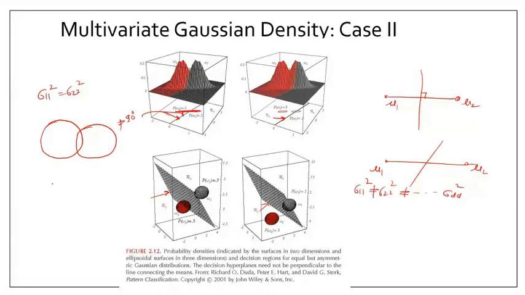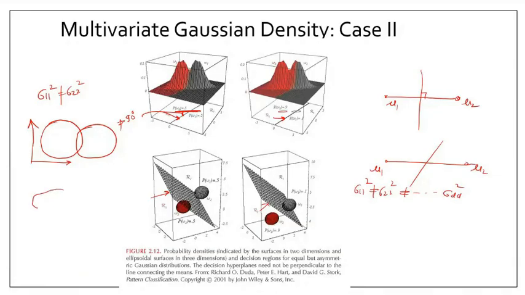Now if I lose this condition, then the spread in this direction and the spread along this direction are not the same. That means it may be of elliptical shape, and an intersection of that.